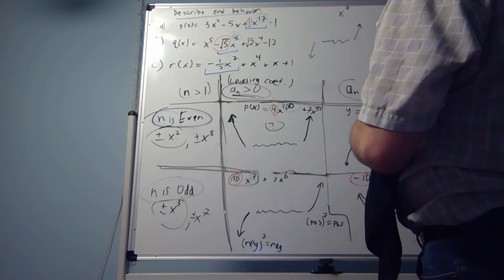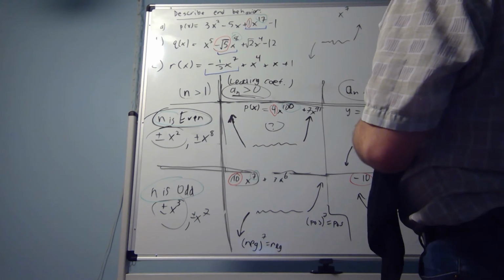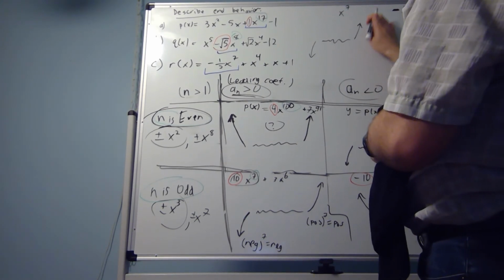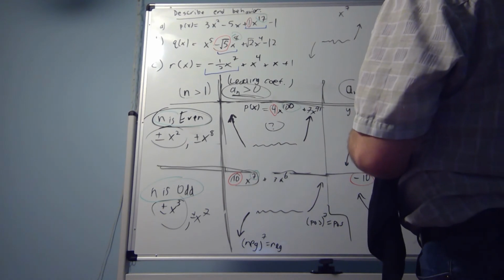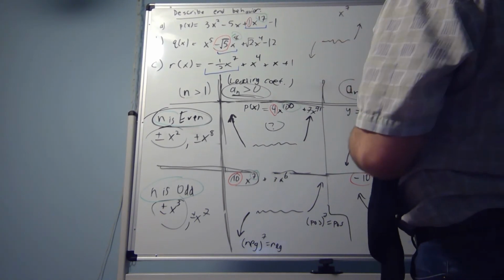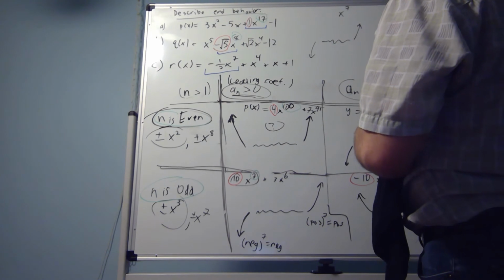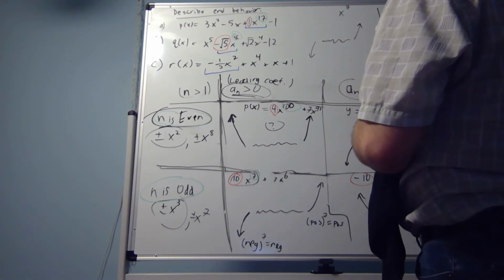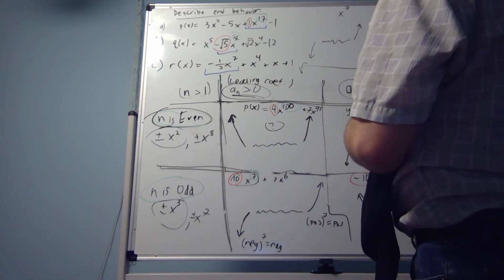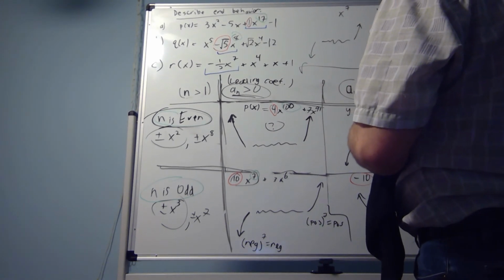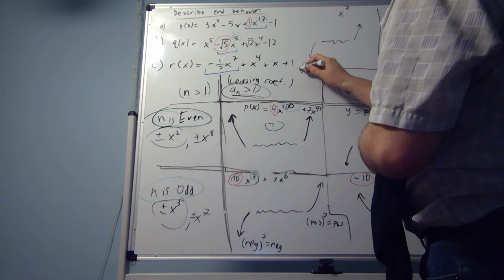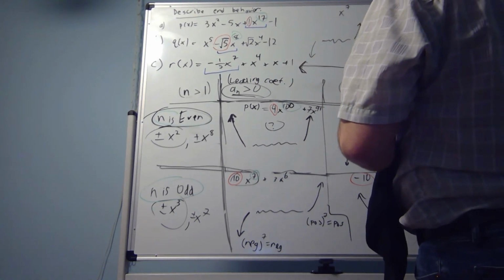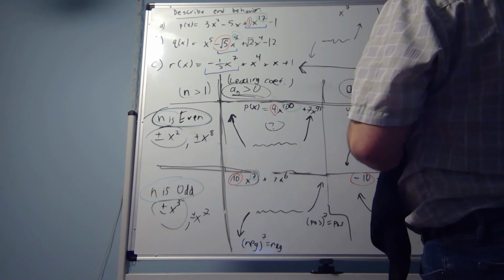But then we also multiply by a minus sign, which means it doesn't go up anymore, it goes down. And for negative x's, you also do the opposite. And we know that same end behavior, that's it.